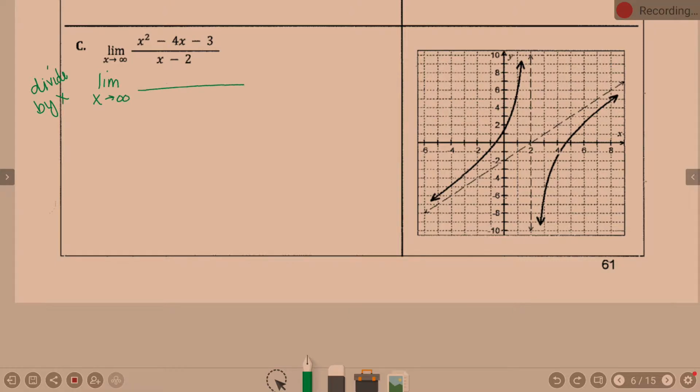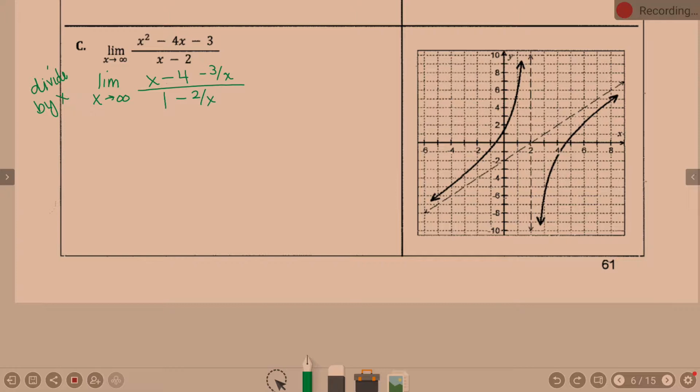What is x squared divided by x? That's x. That's interesting, isn't it? Because we're not used to having just an x. Minus 4x divided by x, minus 4. Minus 3 divided by x, 3 over x. x divided by x on bottom is 1. Minus 2 divided by x, 2 divided by x. Okay.